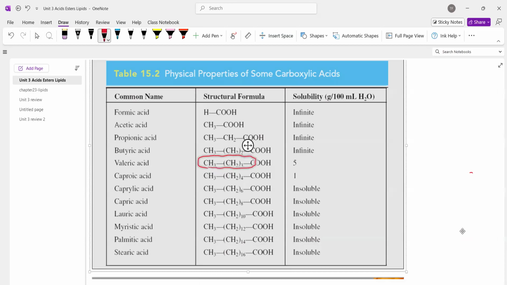Okay, so here we have that magic 7 carbons long. Once that happens, the carboxylic acid becomes more and more insoluble in water. And that's because that long chain, the nonpolar chain, becomes so strong it overcomes the carboxylic head, polar head.